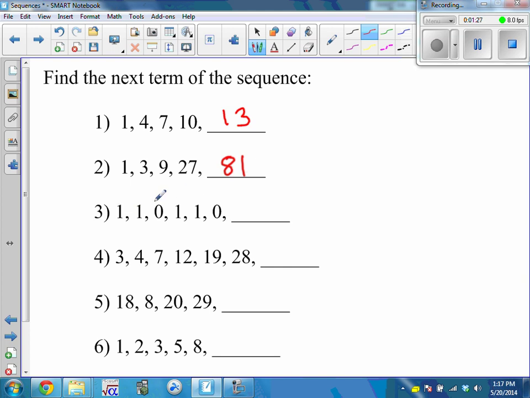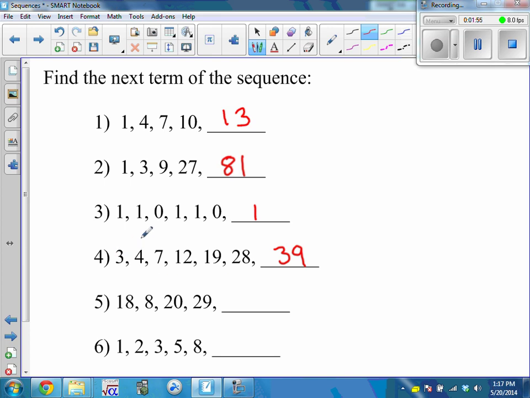1, 1, 0, 1, 1, 0, 1. That's just a pattern. There's really no name for that. It's just trying to recognize the pattern. If we have 3, 4, 7, 12, 19, 28, recognizing our pattern, the next one would be 39.